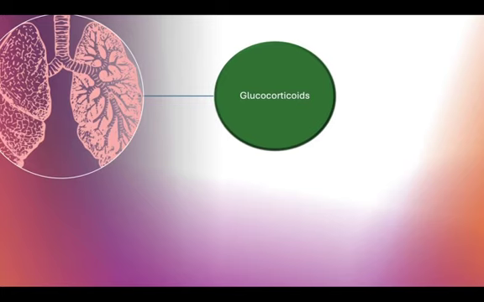We also have the situation where, because of the way they suppress the immune system, they tend to cause the growth of certain fungi like candida. So people can have oropharyngeal candidiasis.